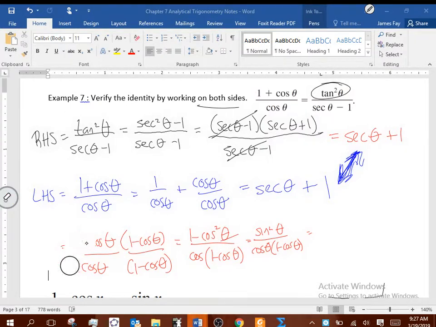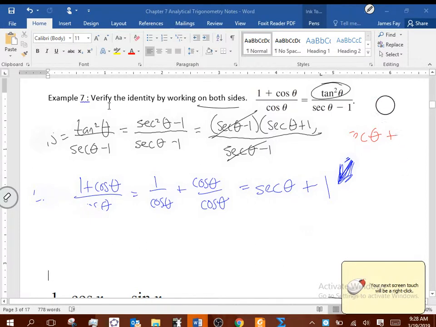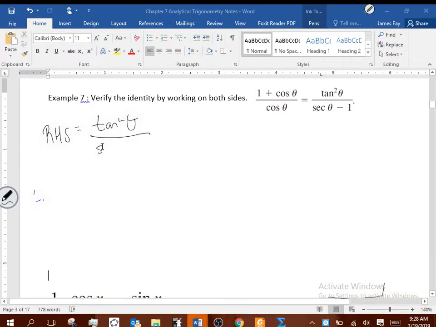So let's backtrack and I'm just going to wipe all this away. Let's start with the right-hand side. The right-hand side is equal to tangent squared theta over secant theta minus 1.